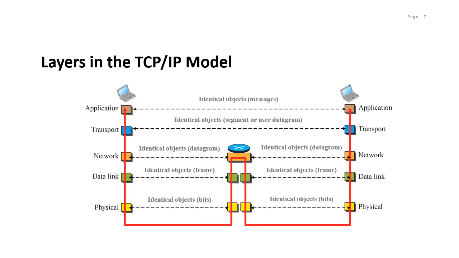So it will not be identical between the hosts, but it will be identical between 2 hops. Note that the link between 2 hops does not change the object. It will be identical objects.